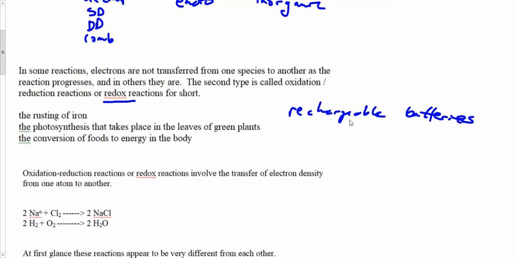When you put them into something, the reaction is an equilibrium reaction and a redox reaction. When you plug them in, it goes this way, making some electrons, and then when you take them out and put them in the charger, it forces the electrons to go backwards and reform. It kind of goes back to this.